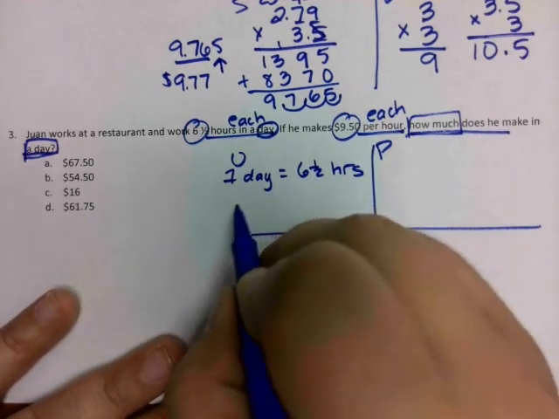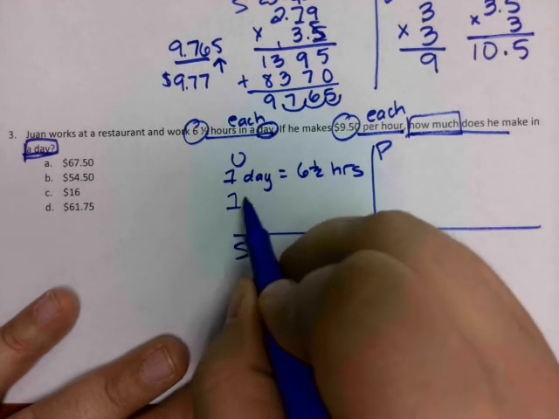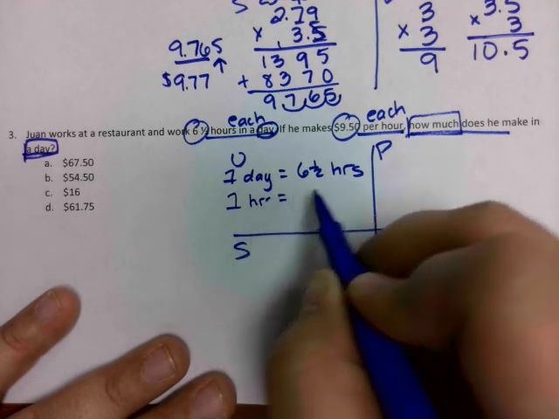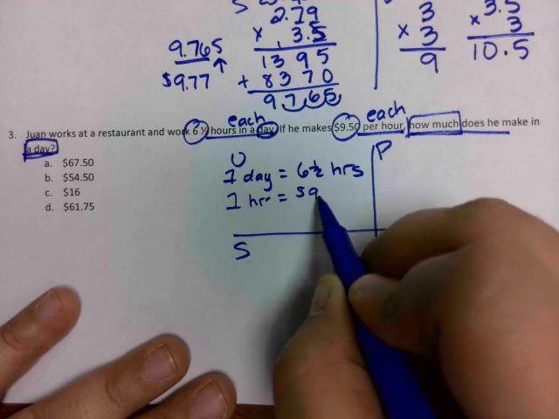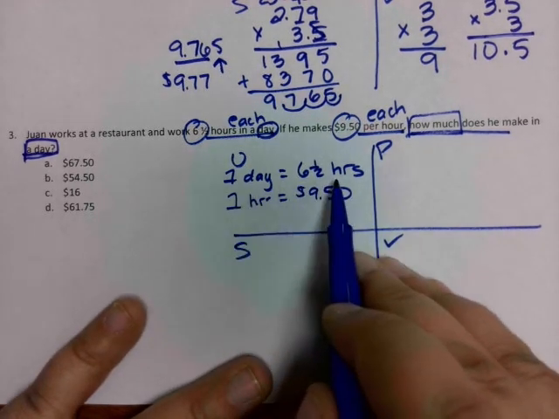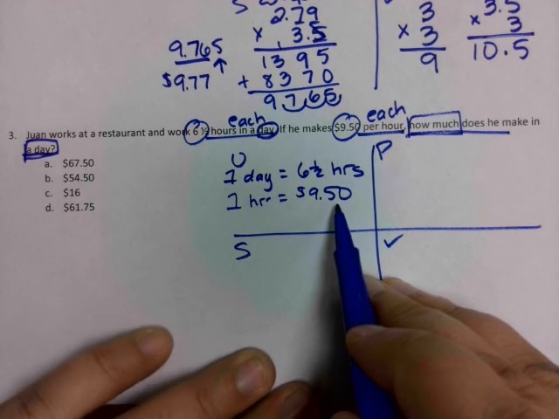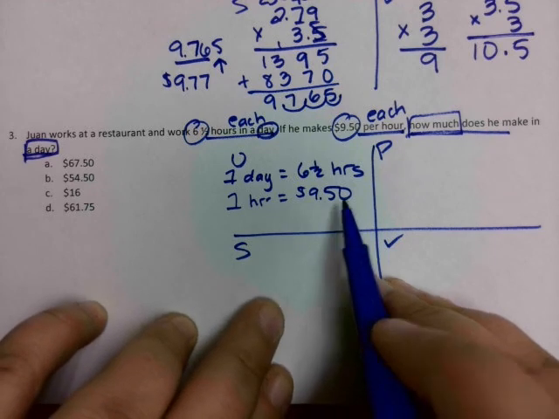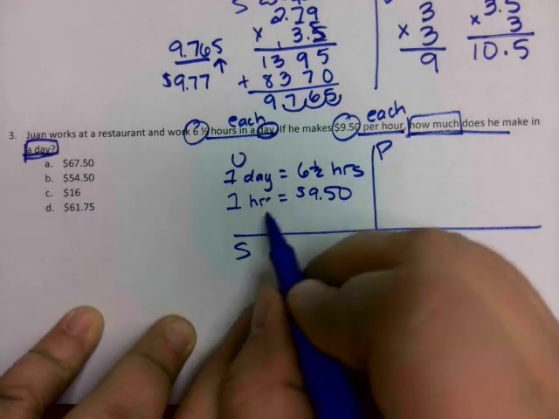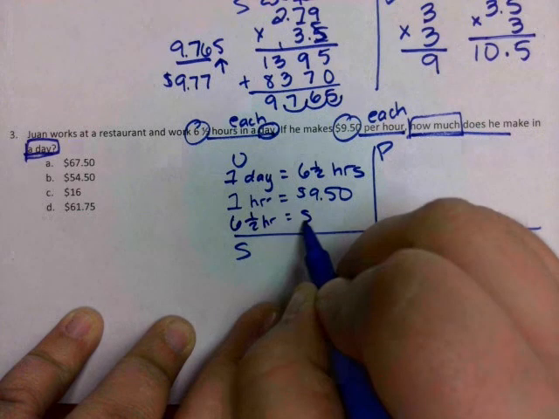So we know that in one day he works 6.5 hours, and then for 1 hour, he makes $9.50. Sorry, I got distracted. So in one day he works 6.5 hours. 1 hour he makes $9.50. So we want to know that in 6.5 hours, how much money is he going to make?